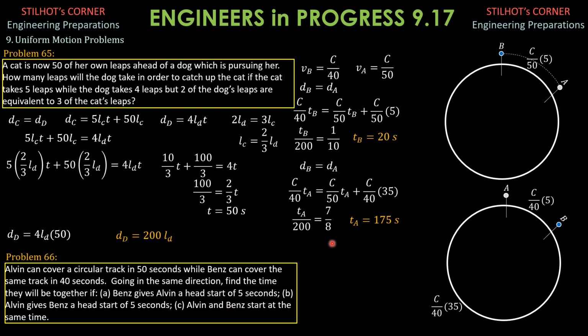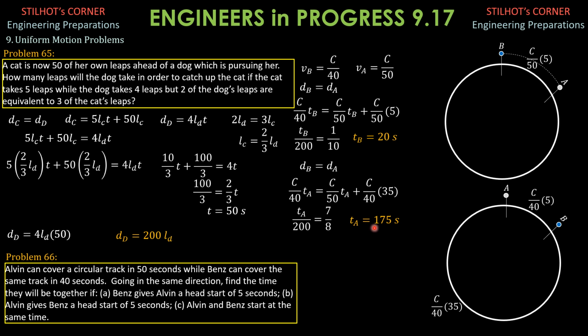So we equate that if they start at the same time, it means that because Benz is faster, it's like Alvin is ahead by one full circumference, and that's the only time that they will be together again. So we imagine that Alvin is ahead by one full circumference, although they start at the same time, because Benz runs faster than Alvin.